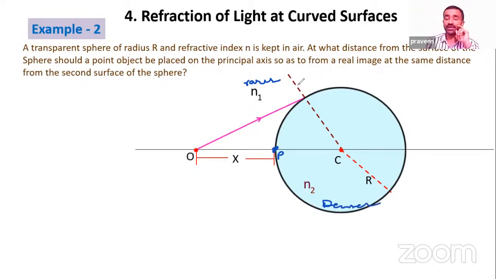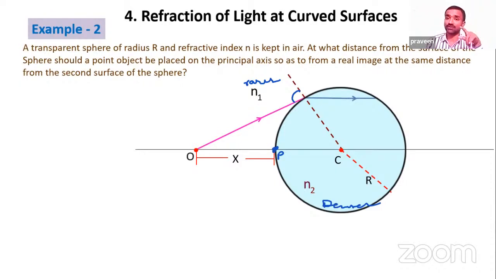Rarer to denser bends towards the normal. So here we have the angle of incidence, and then we measure the angle of refraction, which will be smaller. So the ray bends towards the normal. Okay, so here trace the refracted light ray path in the sphere.